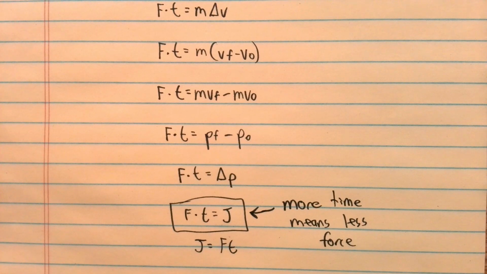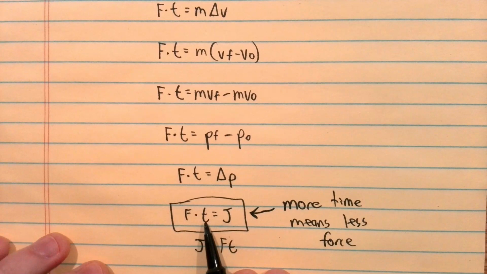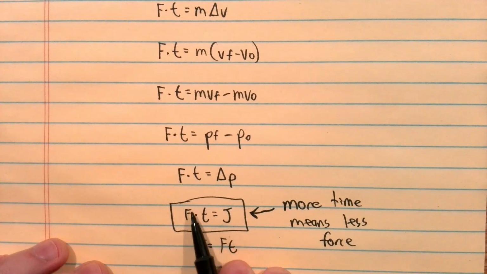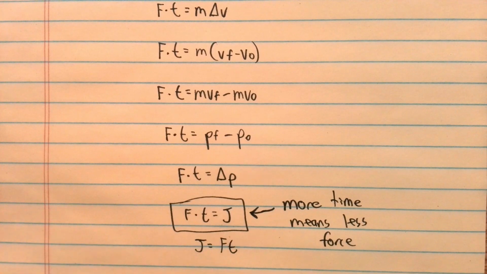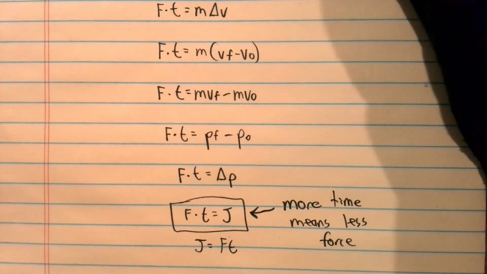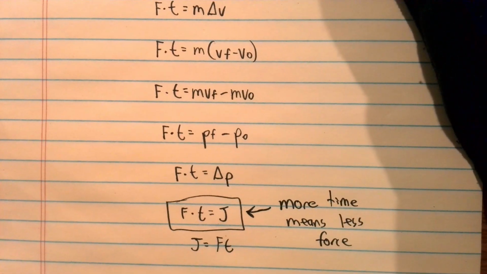If you jump onto a concrete slab, the time that you're in contact with the ground is very, very small. So when you hit your head on the concrete, there's a very small amount of time that contact occurs, and therefore it has a large force. That is the main application of this, very important with car accidents and car safety, which hopefully we'll get into.